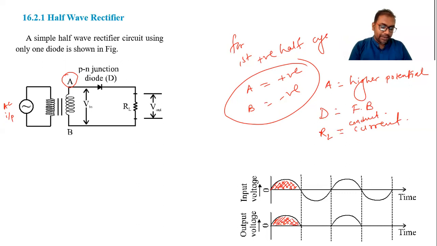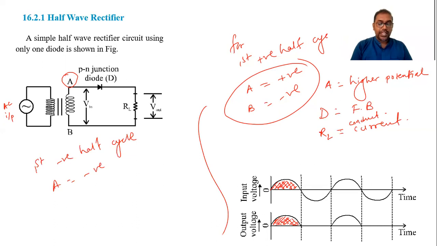But for the negative half cycle, what happens? A is negative with respect to B, means B is positive.